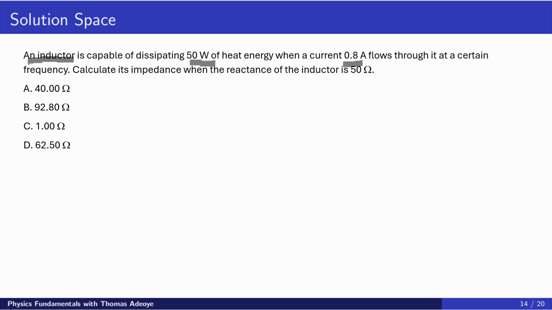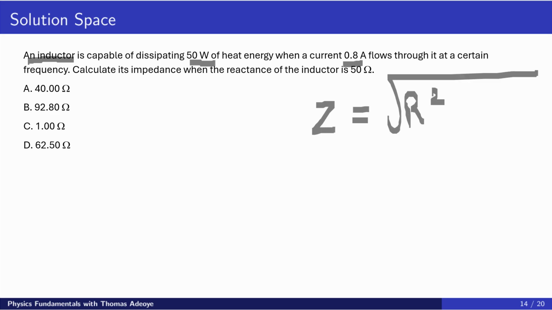Whenever you have an inductor and a resistor in the question and they ask you to calculate the impedance, the impedance Z equals the square root of R squared plus XL squared, and this XL is called the inductive reactance.